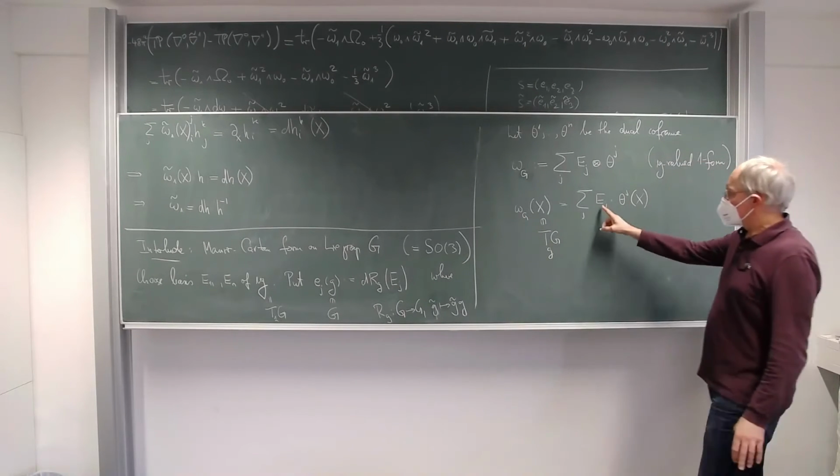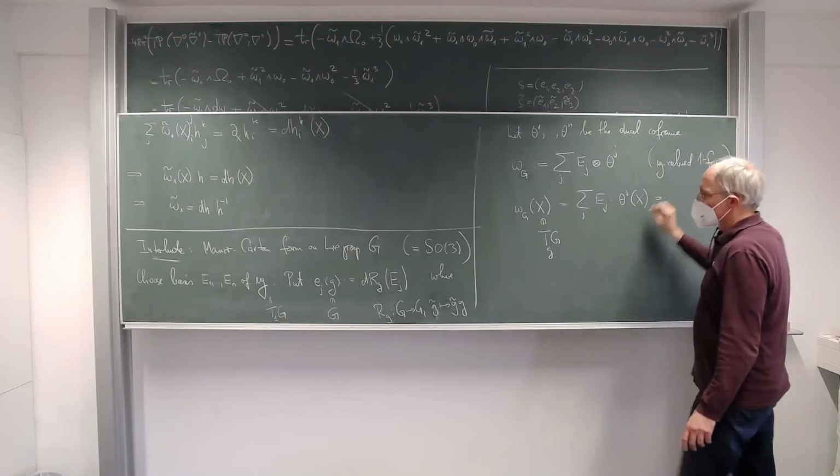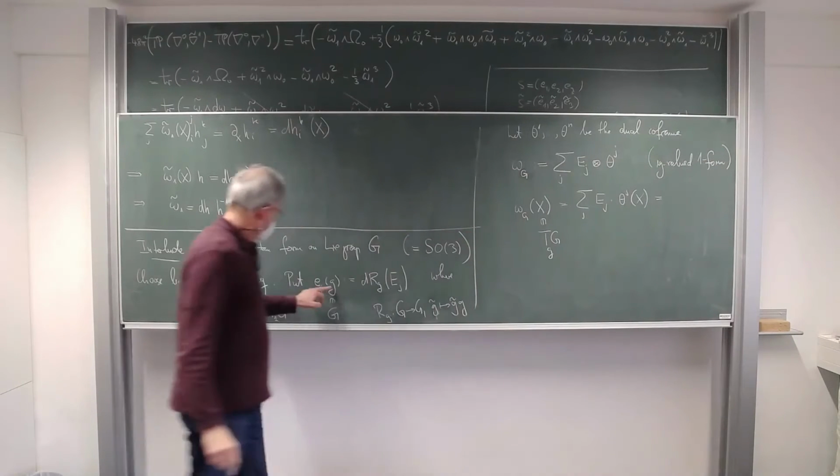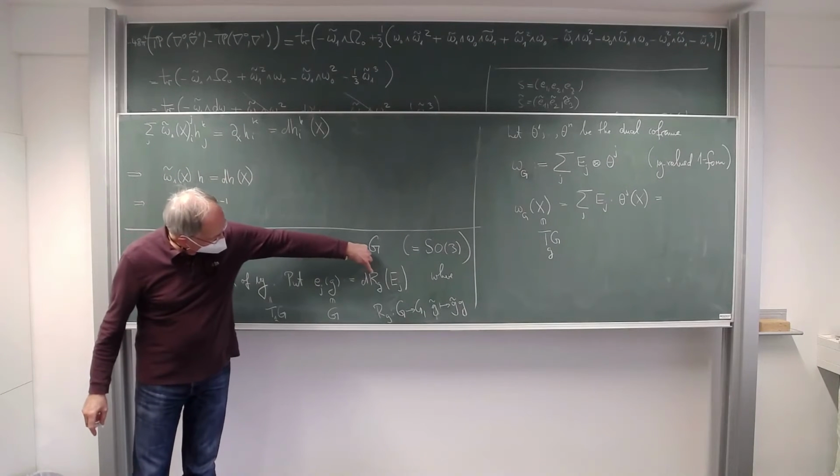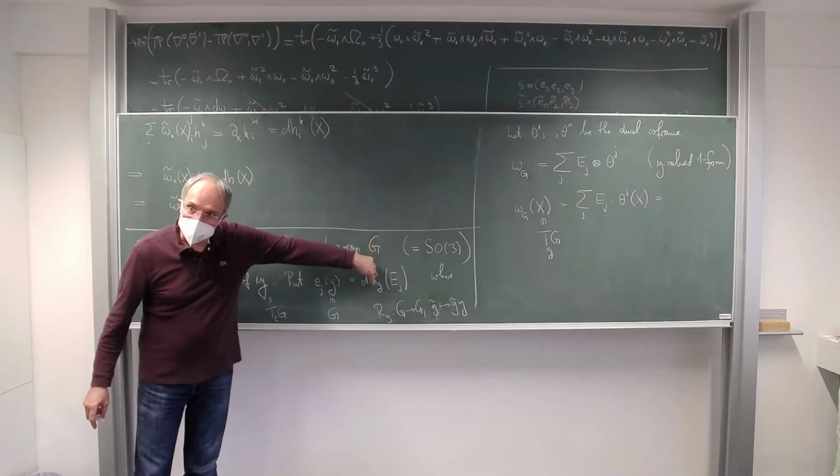And in fact, I can express this in terms of these vector fields by applying the inverse, which would just be the differential of r_(g^-1).